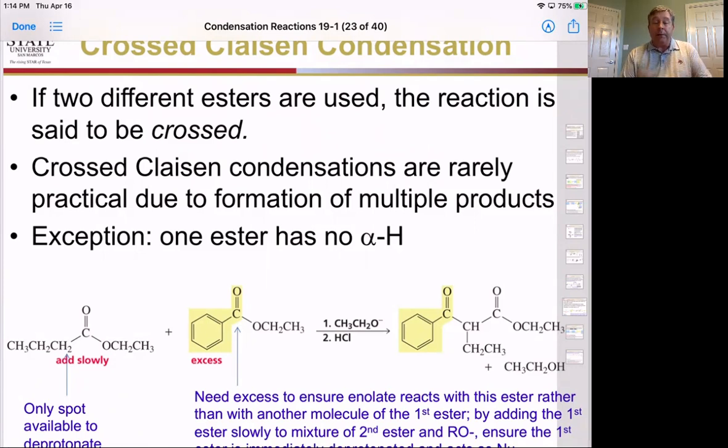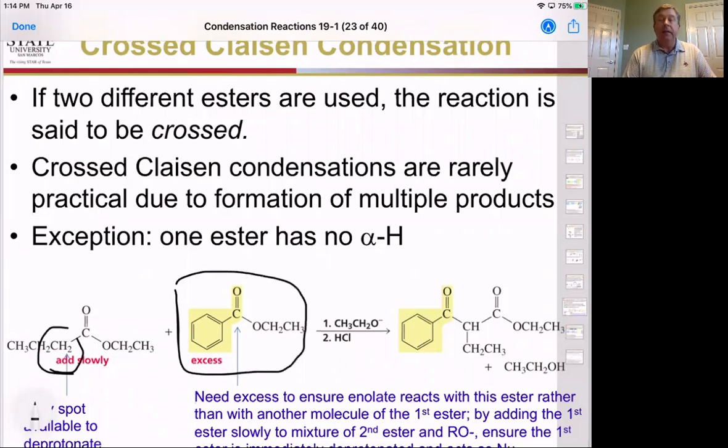This works great because you can only form the enolate with the one with the two alpha hydrogens. And then because you have the other carbonyl compound in excess, it's more likely that the enolate will come and react with that compound. And then when we acidify at the end, we generate our crossed Claisen condensation product, and we have it in very decent yields.